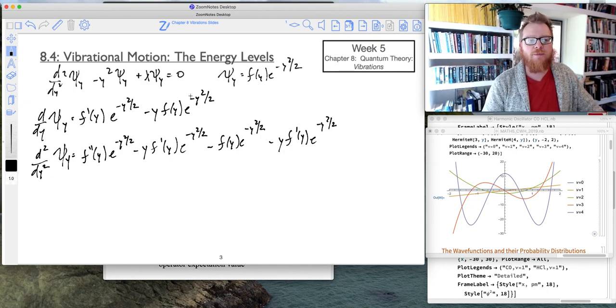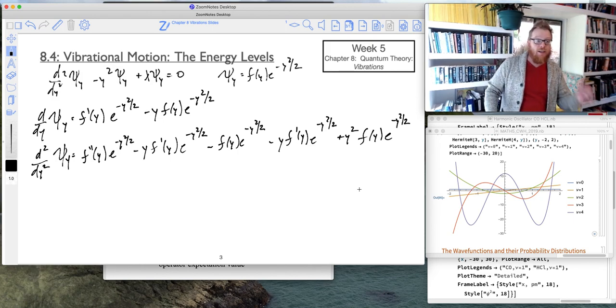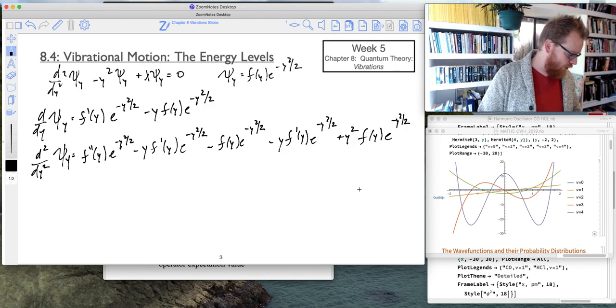So that becomes negative y times negative y, which becomes positive y squared. And then now we just keep everything together, f of y, and then e to the negative y squared divided by 2. Goodness golly, so there is just our second derivative.